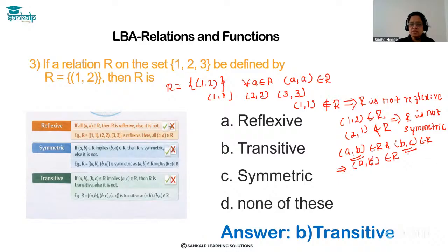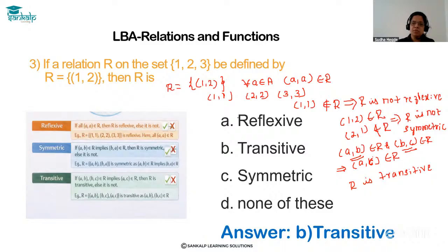In that case, we can assume R is transitive. If you don't find any such pair, you can assume R is transitive. So R is not reflexive, R is not symmetric, but R is transitive.